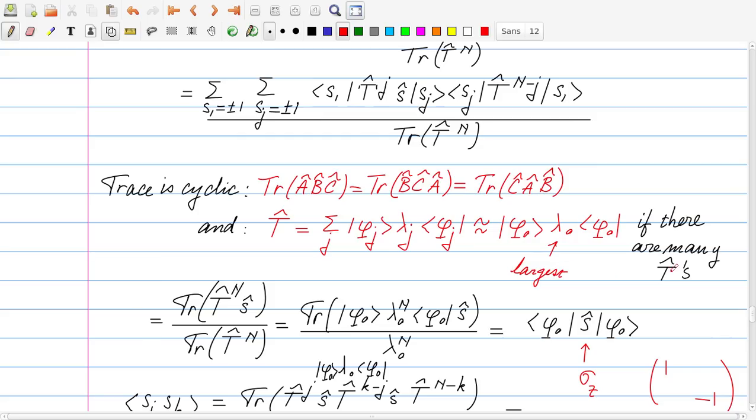And so if there are many T's, I can replace this by lambda 0, phi 0, phi 0. So for one matrix as it is written here, this is generally not correct, but if I know that this is part of a long sequence of T's, then I can just assume that only the phi 0, the eigenvector corresponding to the largest eigenvalue, is projected out.